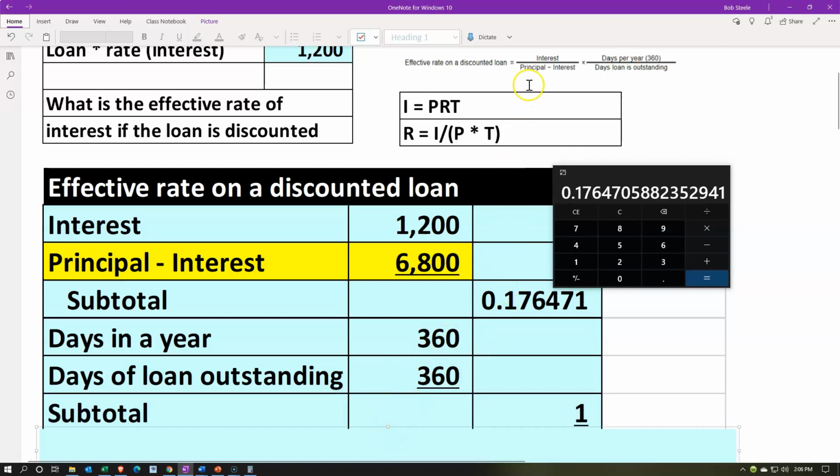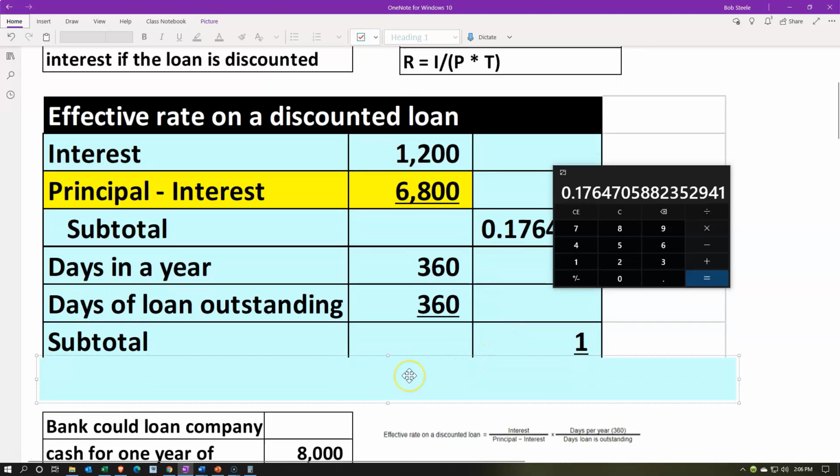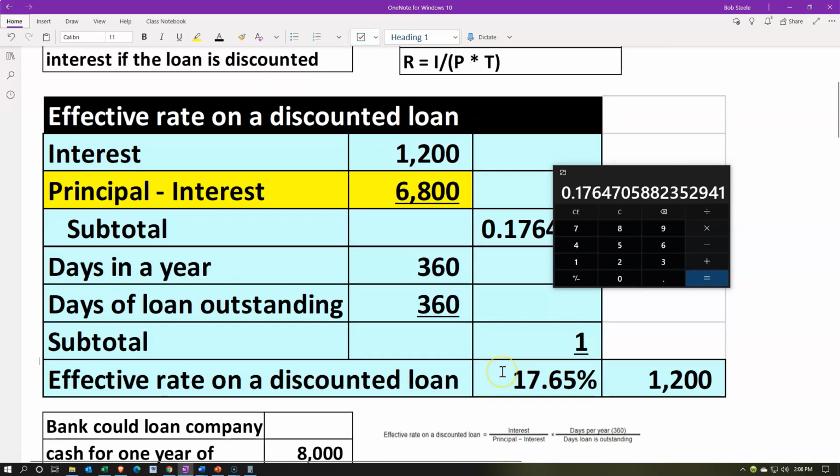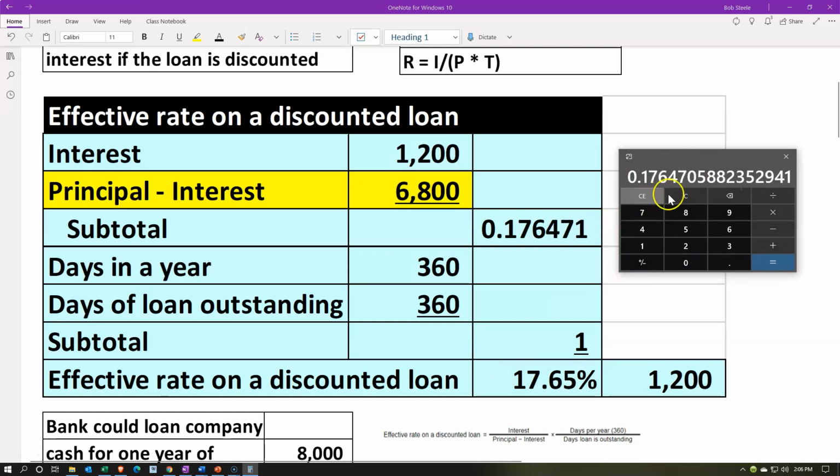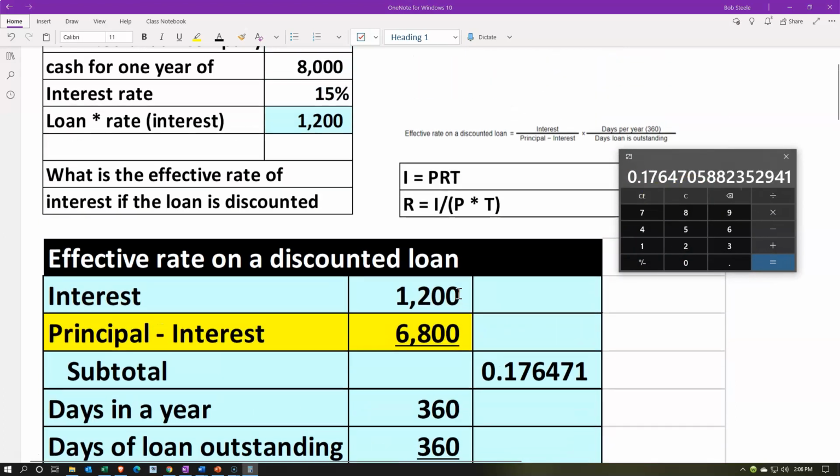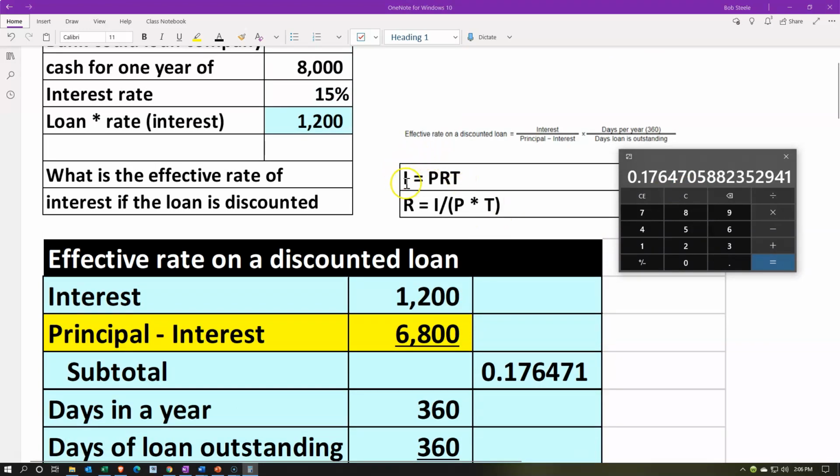So we take this half times this half, the 0.176 and so on times 1, which is going to give us 17.65%. Now, if we plug that back into our calculation for interest, which is principal times rate times time, here's the rate times the principal or loan amount, which once again we're not saying is 8,000, but 6,800. That's the amount of money we actually got at the beginning.